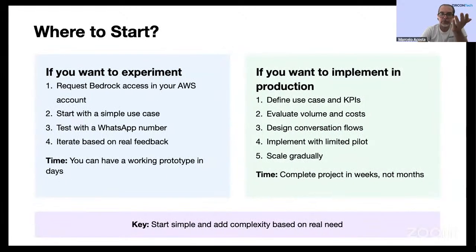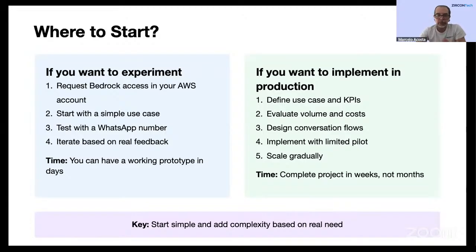If you're going to start, we are going to share a GitHub repo where you can play with it and start with it. Also, there's the documentation for Bedrock, how to use it. If you have access to the console, it's pretty easy to get started with. And for experimentation, the barrier is pretty low.